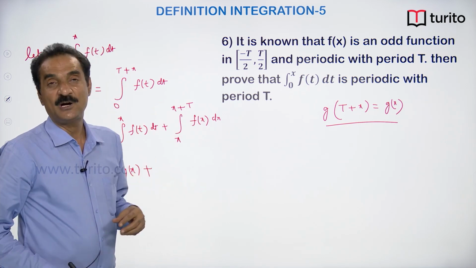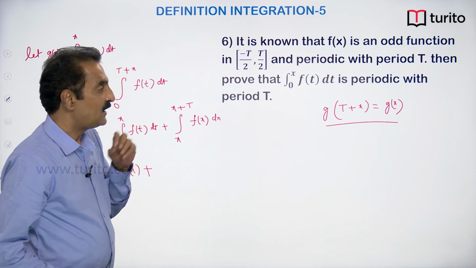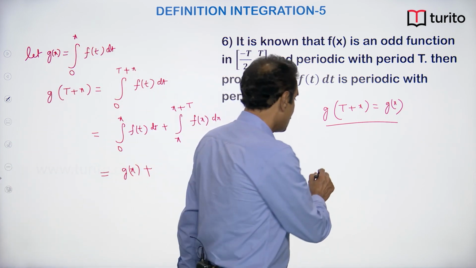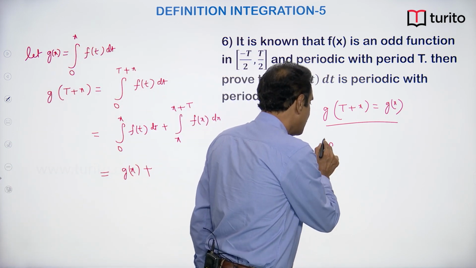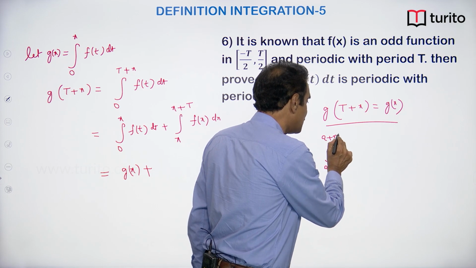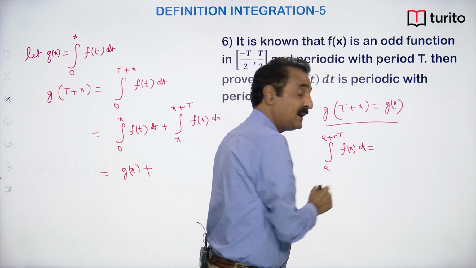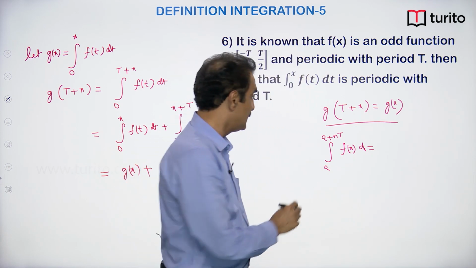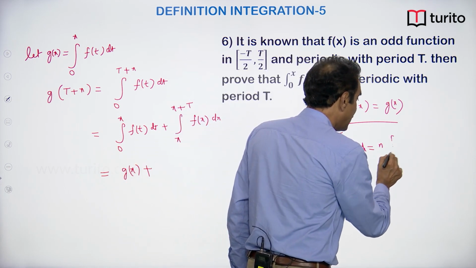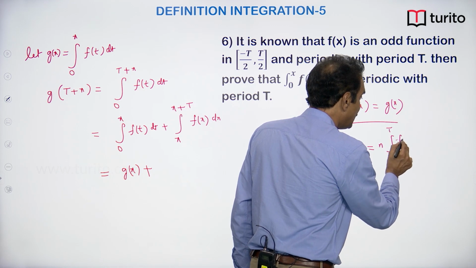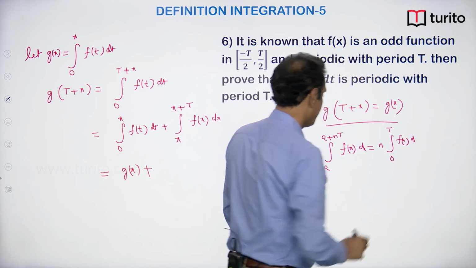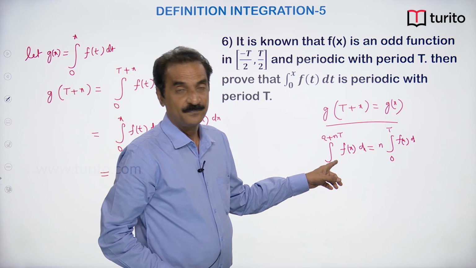f of x is periodic with period capital T. You have a property of periodic function. If f of x is a periodic function with period capital T and n is an integer, then the integral from a to a plus nT is equal to n times the integral 0 to T f of x dx. It is independent of a.